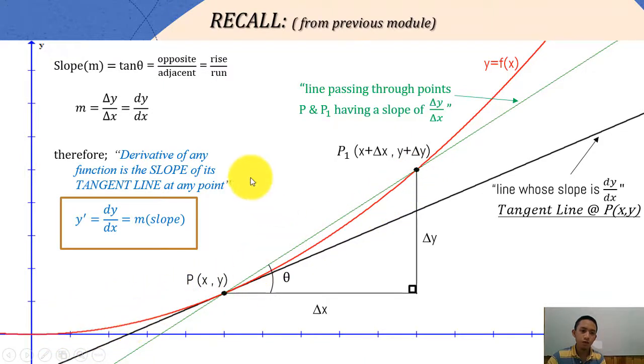The tangent line is the line passing through a point that we are considering on the curve. So the first derivative, or the y prime, is just the slope of the tangent line at any point on the curve. Again, this is a recall. I discussed how delta y, delta x, dy/dx is derived using this figure.